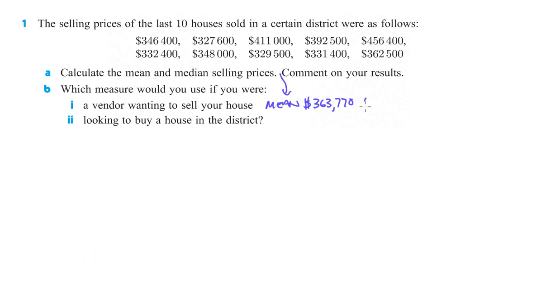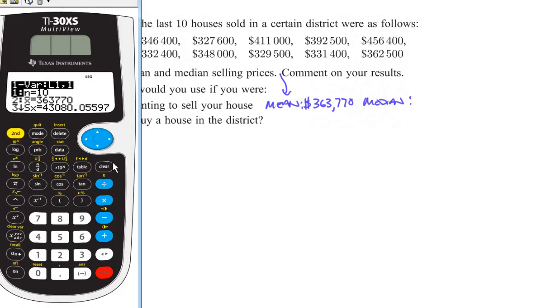And then the median is going to be also on our calculator. If you scroll down, it's actually going to give you the 5-number summary, the minimum, quartile 1, median, quartile 3, and maximum. So the median, 347,200.